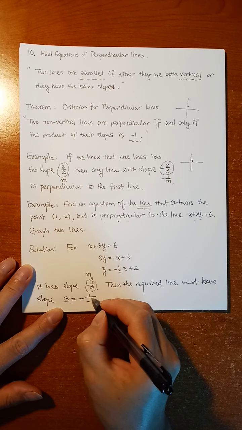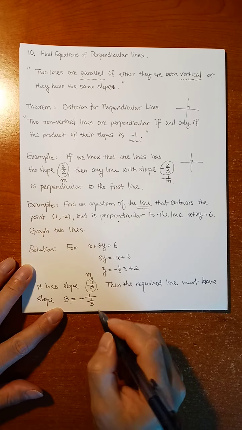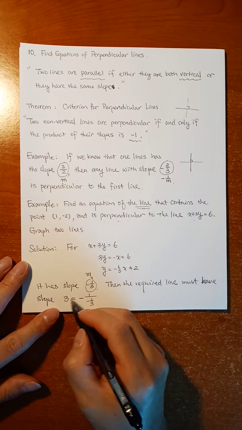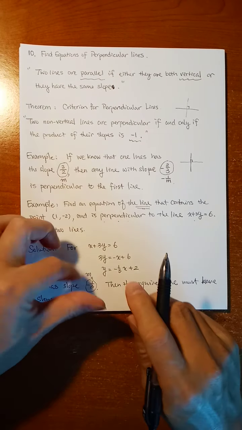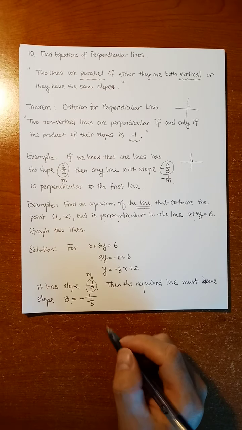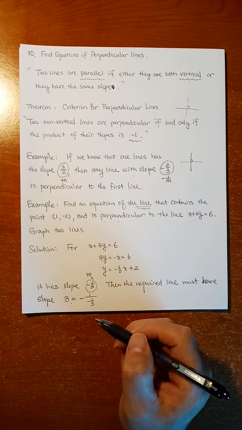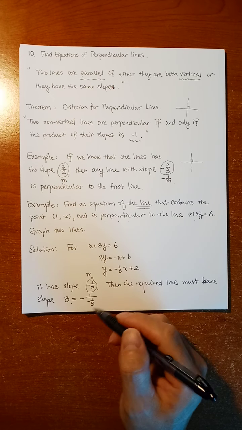The negative sign cancels, and 1 over m is 3. But in fact, you just flip it and add a negative sign. You flip 1 over 3, you get a 3, and add a negative sign, you cancel the negative sign. Okay?